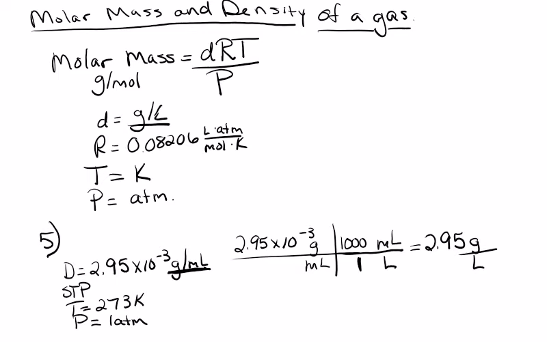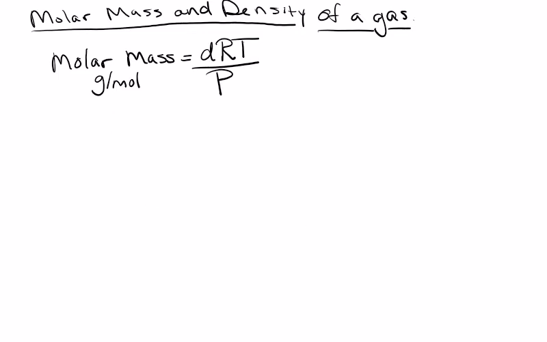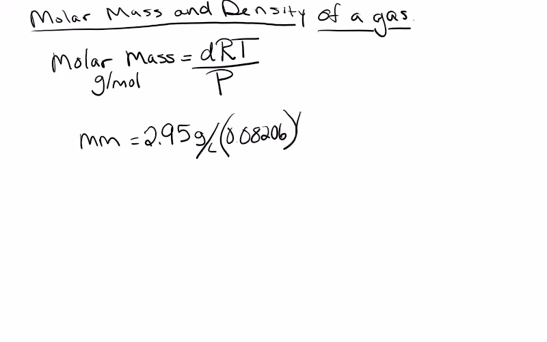Okay, so we're going to plug that into our equation. So our equation is molar mass is equal to our density, which is 2.95 grams per liter, times our R constant, 0.08206, times our standard temperature of 273 Kelvin.